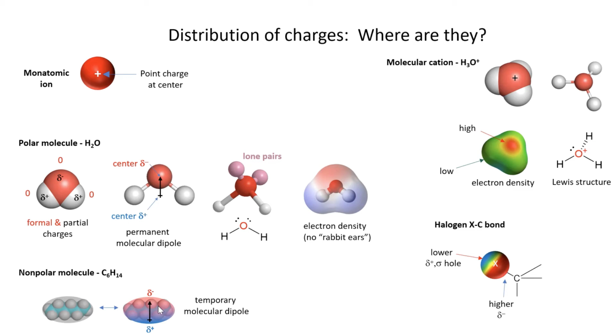This forms a temporary slight positive and negative side, and hence a temporary molecular dipole. You can imagine a hexane coming close to another hexane with a temporary dipole, inducing a temporary dipole in the second. This type of interaction based on temporary dipoles is called induced dipole interactions. They are also called London dispersion forces, although the word force should really not be used.